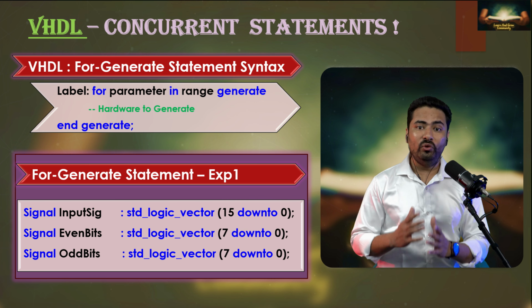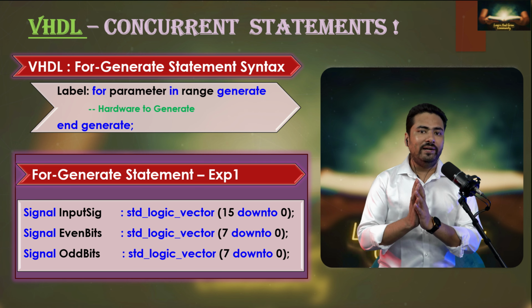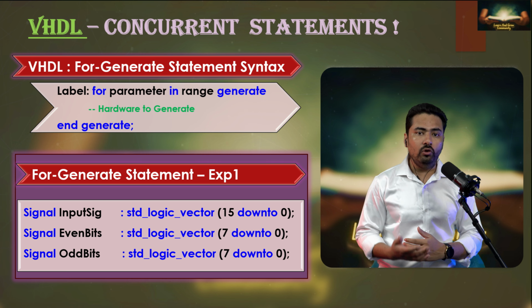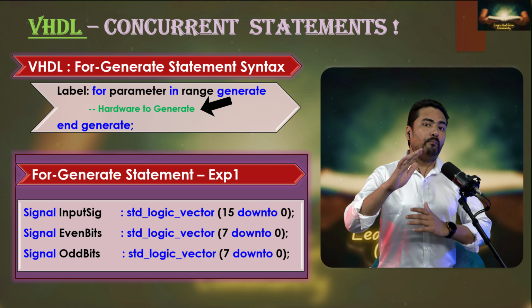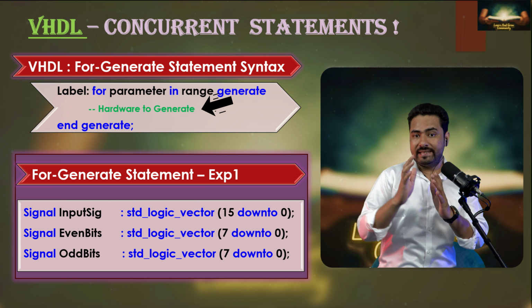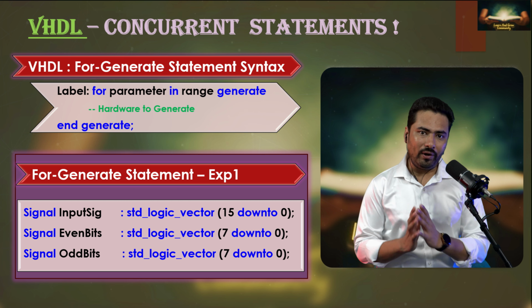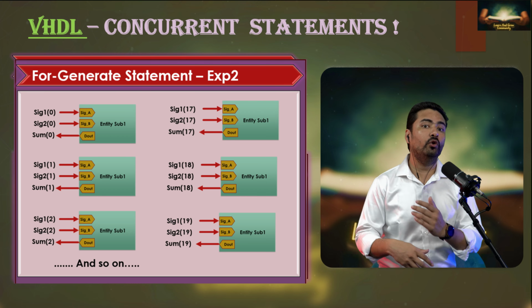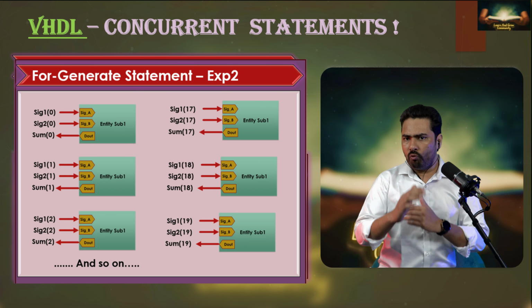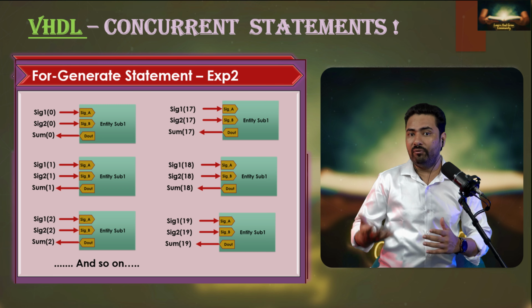Now let's talk about for generate statement in a little more detail. The for generate statement is especially useful for replicating hardware. This means you can create many identical copies of the same hardware block with a minimum amount of code. For example, if you need to instantiate 20 components in your VHDL file, then one simple way is to write 20 component instantiation codes manually.